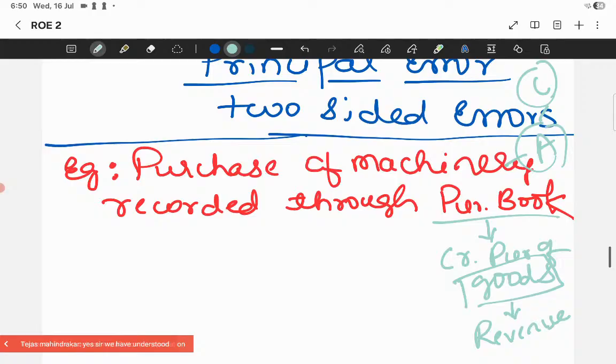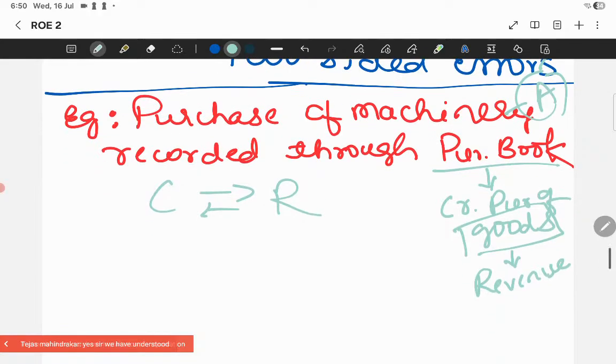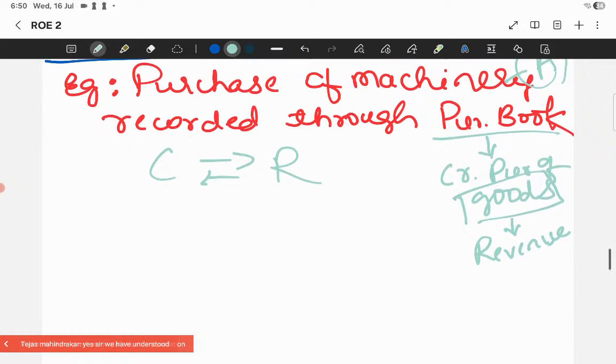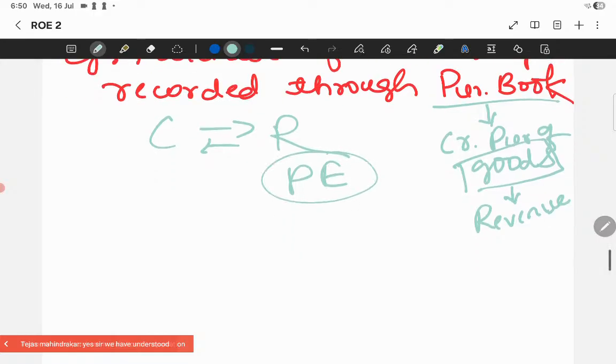So what happened here is a capital transaction is recorded as revenue. I said yesterday, if you remember, I drew a diagram like this. Capital treated as revenue, revenue treated as capital. This is a pure case of principal error.